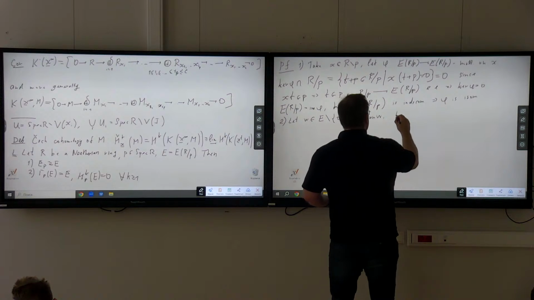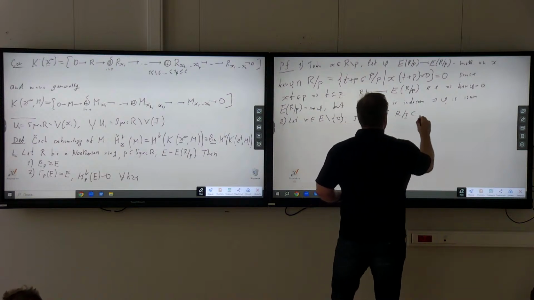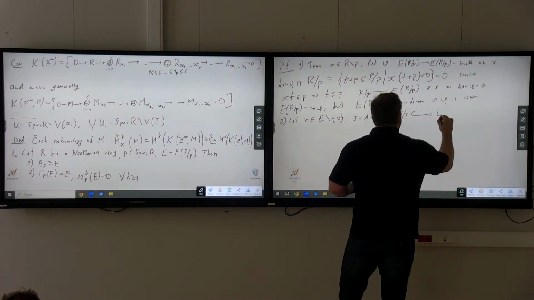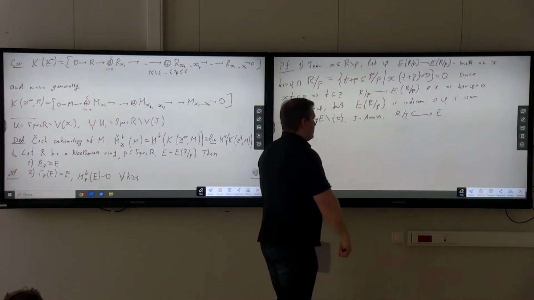And then R modulo I is embedded into E. This is some module, right?